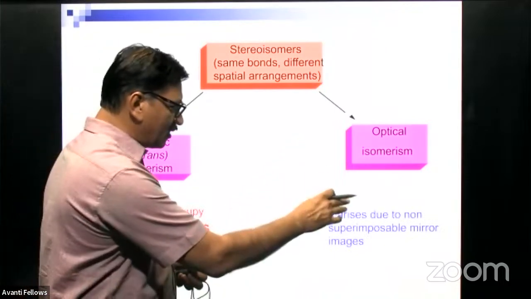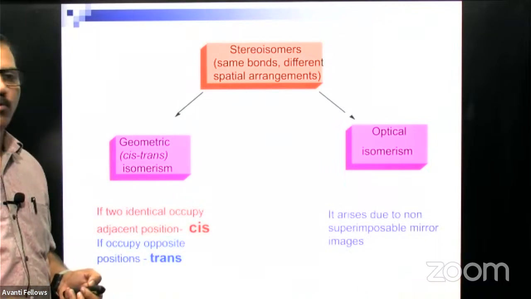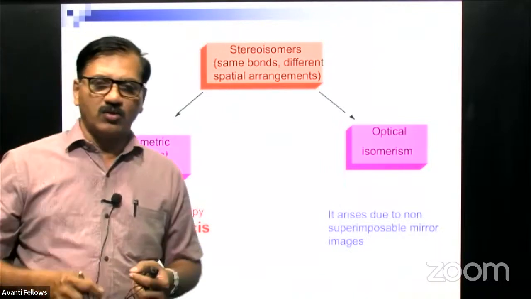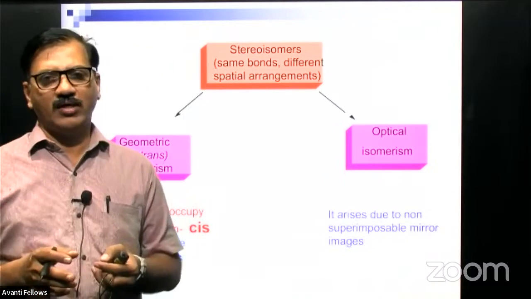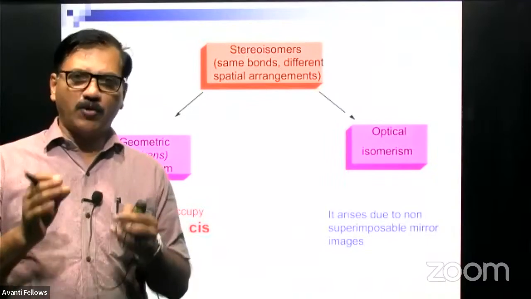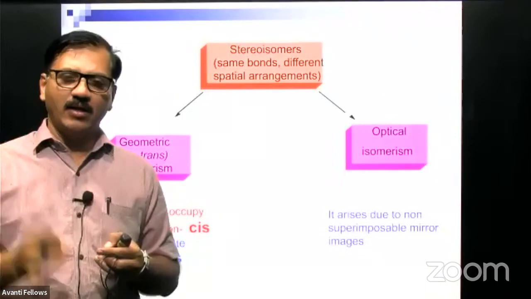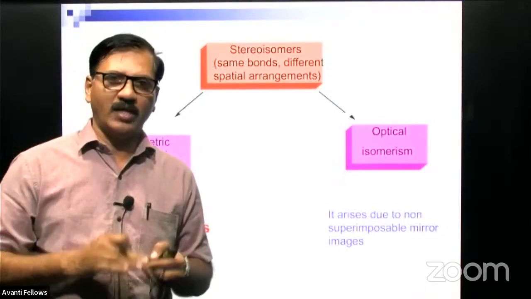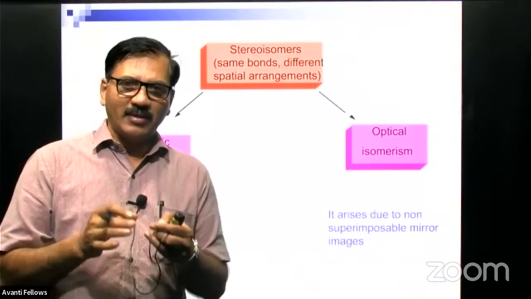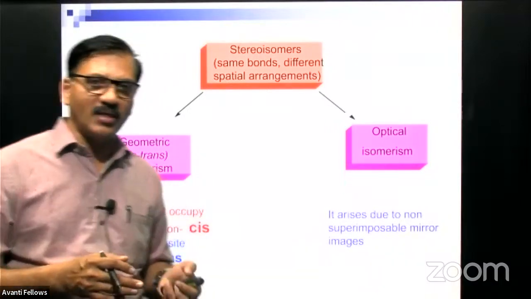Optical isomerism arises due to non-superimposable mirror images. Any compound, not only carbon compounds, can be optically active if it possesses no plane of symmetry, no line of symmetry, no point of symmetry.